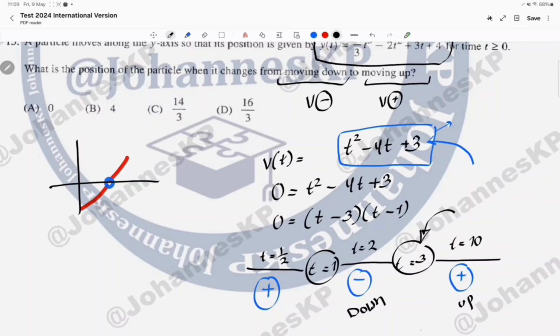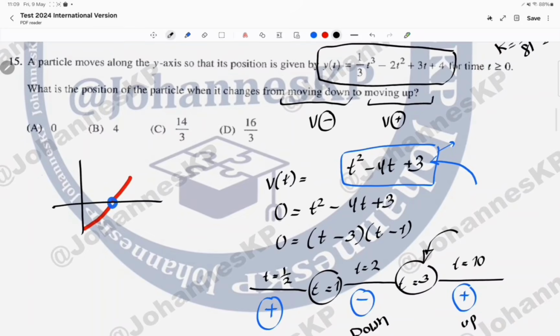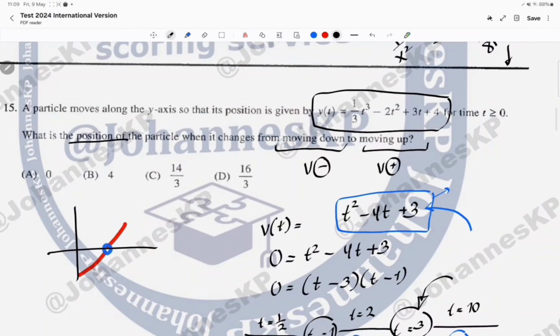So now, we didn't answer the question yet. We should now plug in the time of 3 they want in the position equation. Let's plug in the time of 3 in the position equation and see how much we get. So 1 over 3 times 3 cubed, minus 2 times 3 squared, plus 3 times 3, plus 4. 1 over 3 times 27 is 9. 2 times 9 is 18.